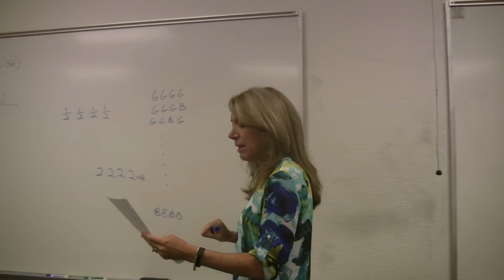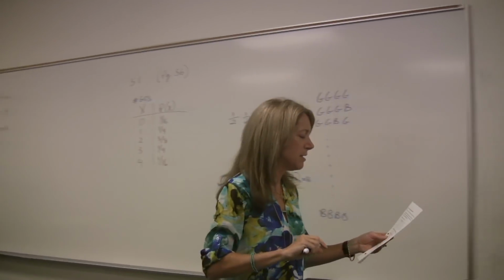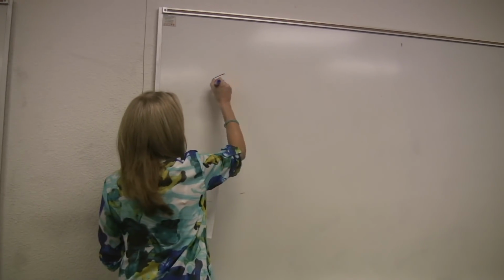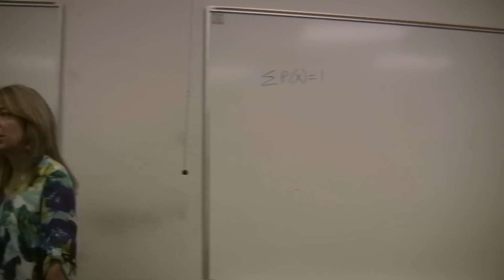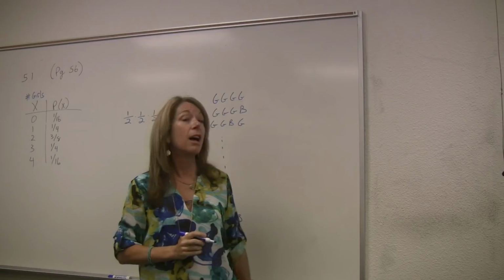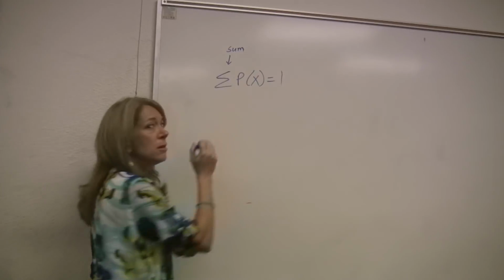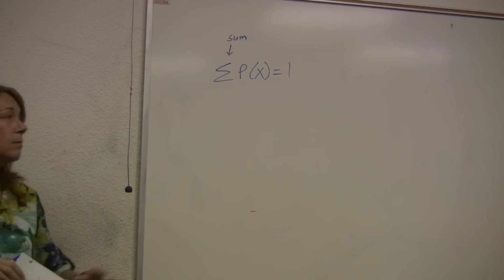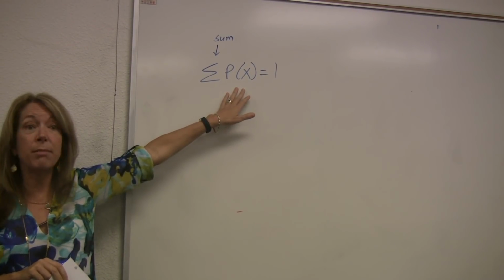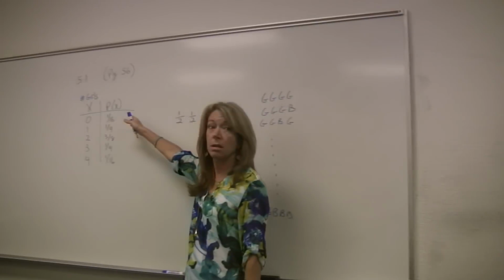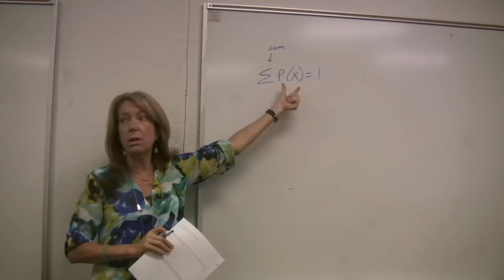And then there are these probability requirements, which look scary, but we're going to interpret them. Requirements to be a probability distribution. Here's the first requirement. Somebody tell me what that means in English. She says this means sum, and P(x) would be the probabilities.